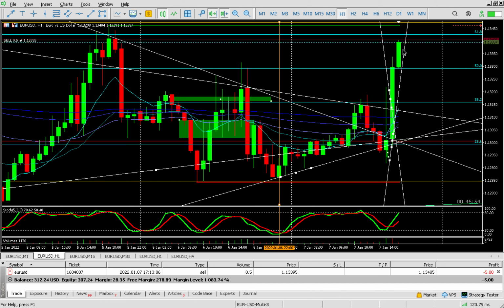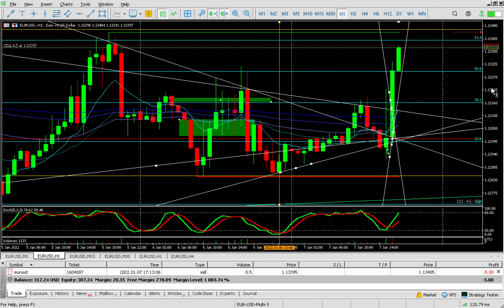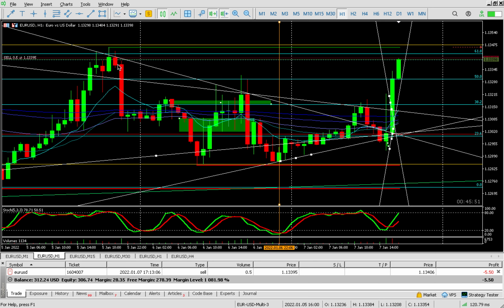Then it's probably going to think about coming down first. But the thing about this fib is, if it's really going to hold true, it's supposed to go all the way down to here. And I don't know if I see that necessarily happening, but it could happen before it pushes up through.